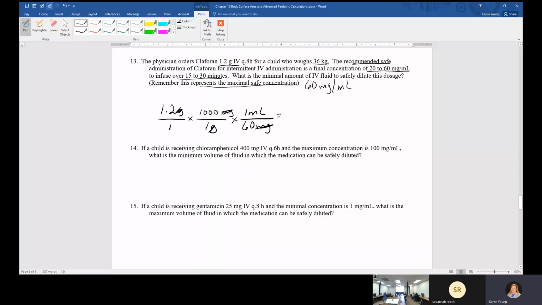And then I have 1.2 times 1,000, which is 1,200, divided by 60. So those cancel. And I'm left with 20 milliliters as my safe dilution, or my minimum dilution. It's a minimum dilution for the maximum concentration.